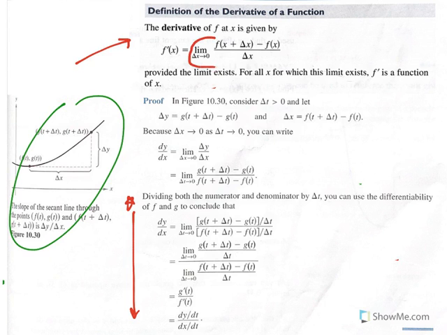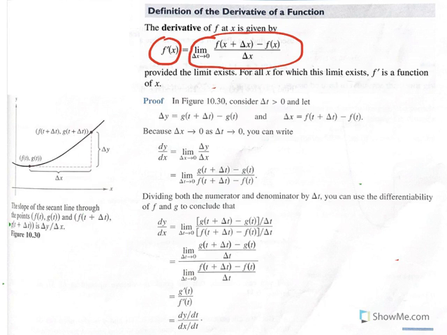And this limit of the difference quotient that you see in the definition gives you what's going on as the second point for the secant line moves closer to the first. And we use the limit of this difference quotient to define the derivative of the function. And because of that, the derivative of the function gives us the slope of the tangent line to the graph of the function at a particular point by definition. So you'll see how he uses that in the remainder of the proof.